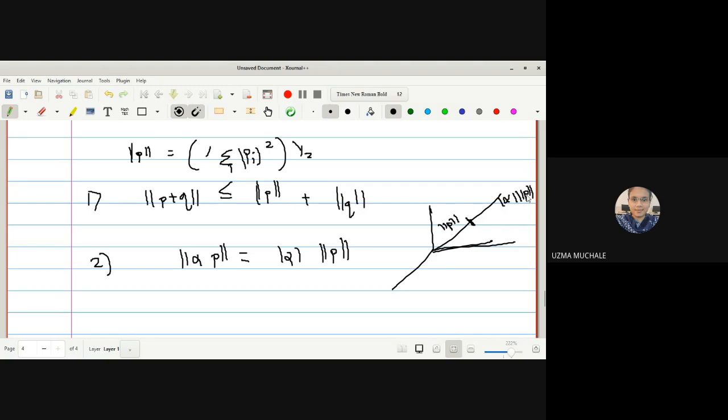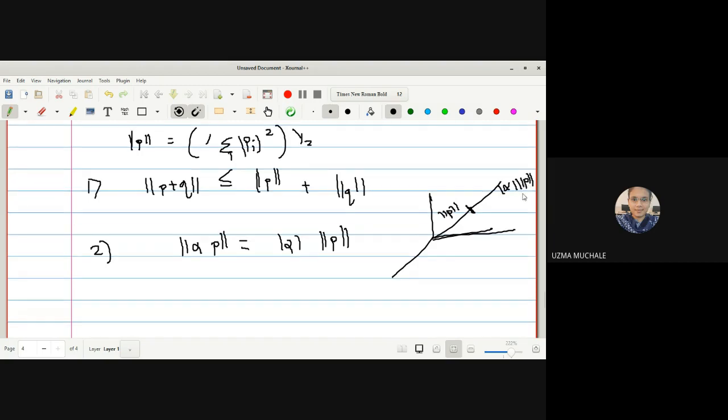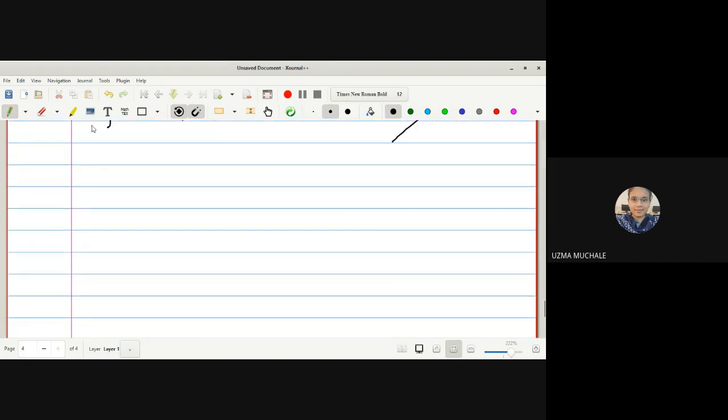So we have to prove the first and second property. Let me start with the first property. I have to start with norm of P plus Q square, which is equal to summation over i of (Pi plus Qi) square, where the summation is running for 1, 2 and 3.